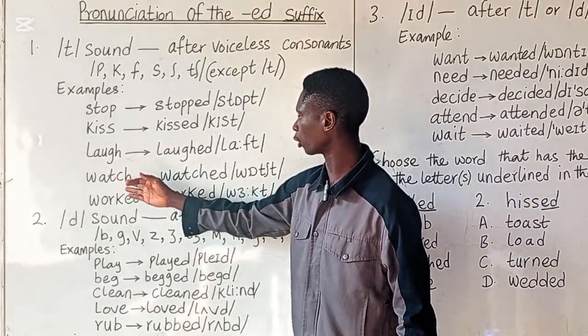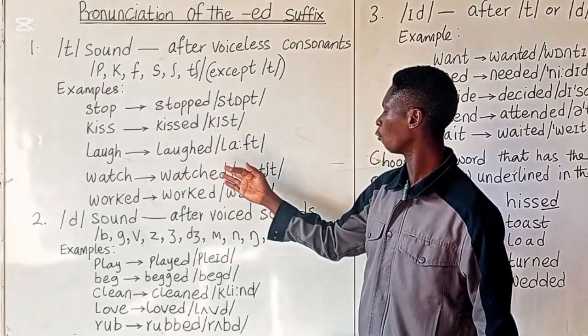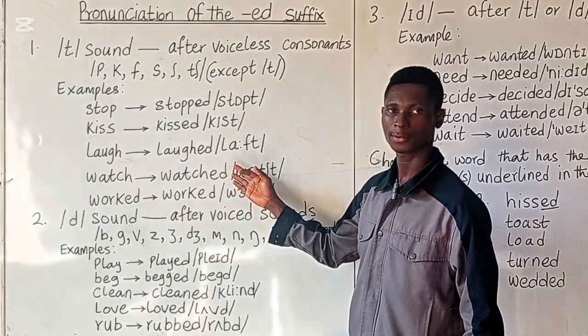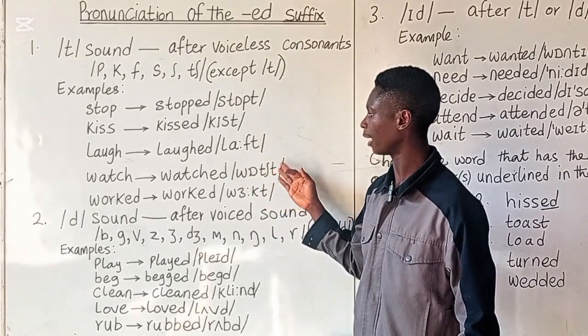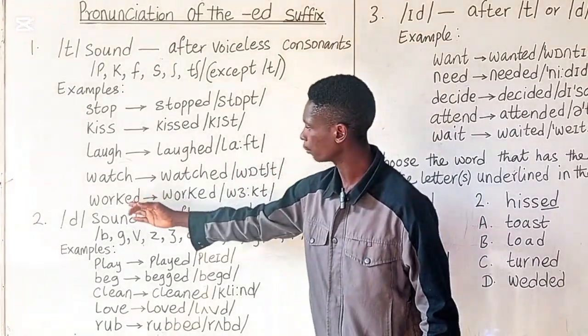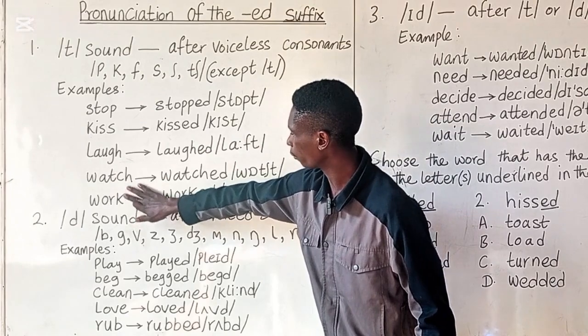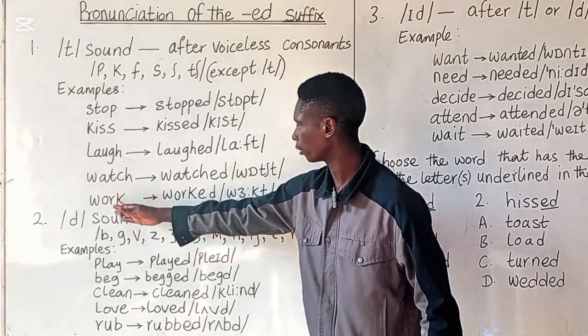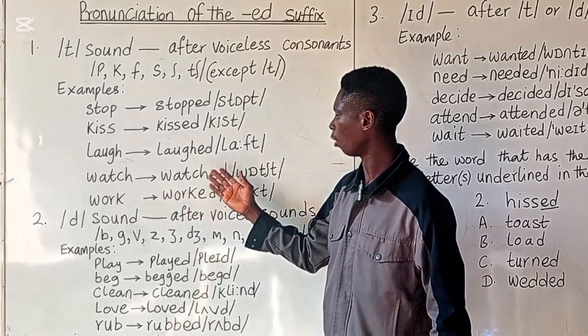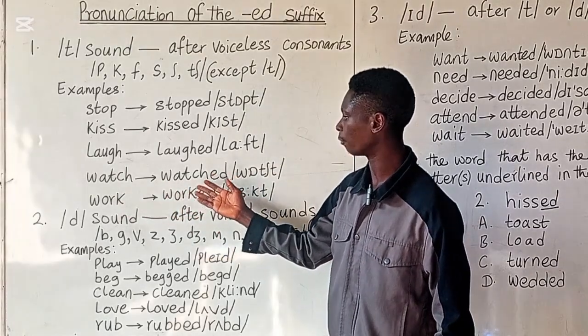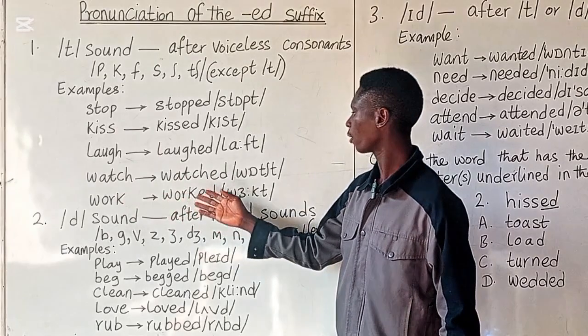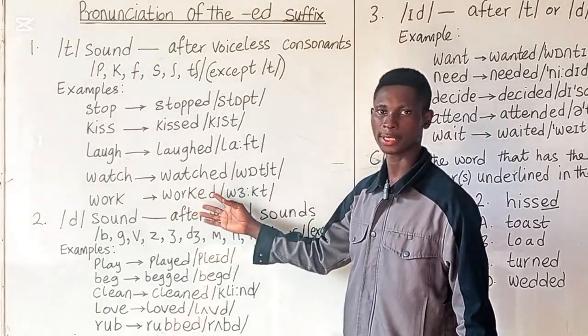Another one is watch. The past tense form of watch is watched. So we have the t sound at the end. We have also the word work. Then the past tense form or past participle form of the word work is worked.